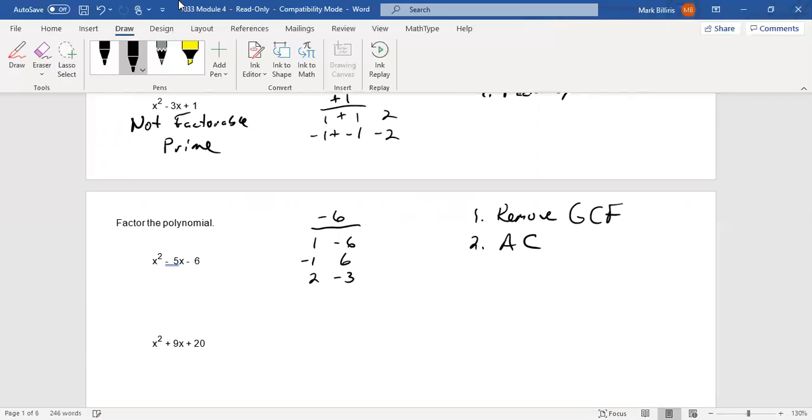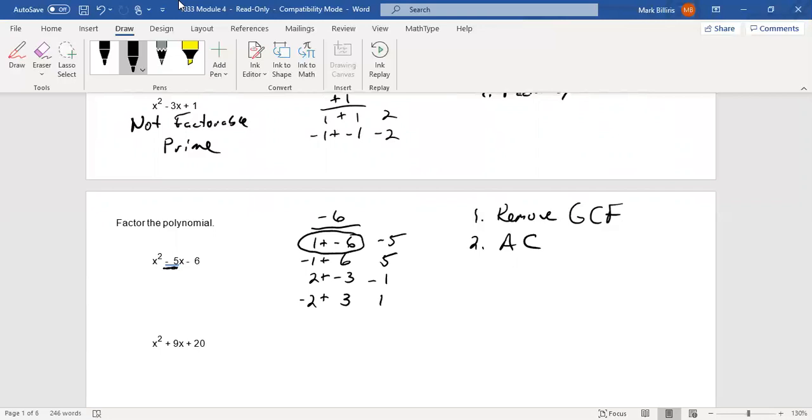Okay, I'm going to add them together. So 1 plus -6 is -5. -1 plus 6 is 5. 2 plus -3 is -1. And -2 plus 3 is +1. My middle term is a -5, so that means I would have chosen the first combination.